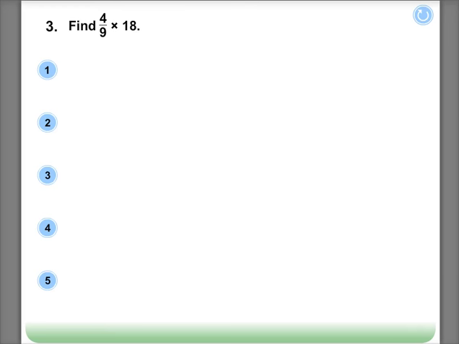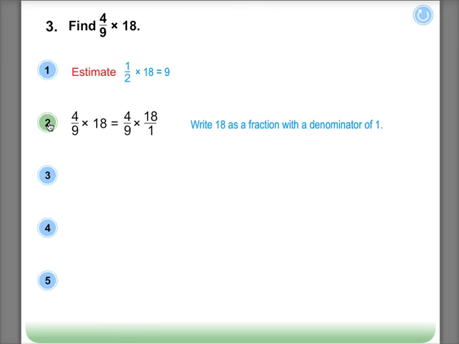Okay, find 4/9 times 18. Now this one looks a lot like what we did yesterday with the fraction and the whole number. So we can estimate it out. When we multiply it out, 4/9 times 18 becomes 4/9 times 18 over 1. Again, I can cross simplify because 9 can go into 9 one time, and 9 can go into 18 2 times.